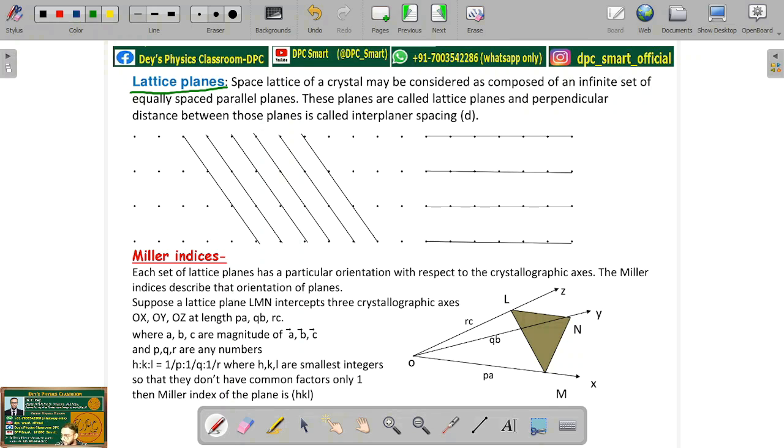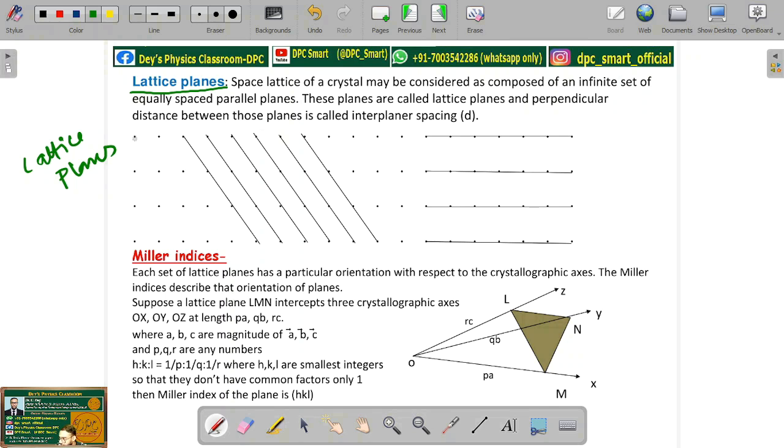So the space lattice can be considered as composed of a set of infinite parallel planes which are equidistant to each other, and those planes are called lattice planes, and the distance between two such planes is called interplanar spacing.